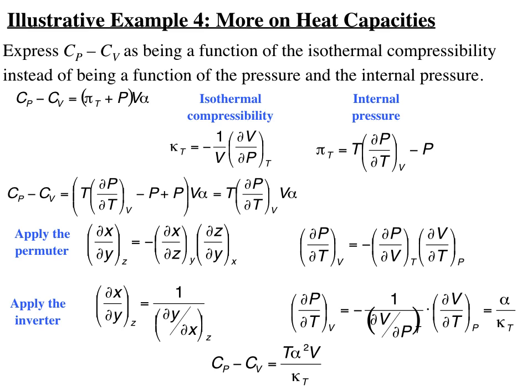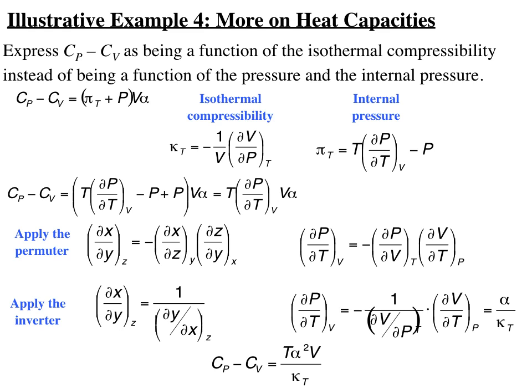And again, if for the ideal gas pi T is 0 and alpha is 1 over T, that becomes Cp minus Cv equal to NR because it was equal to PV over T. So that's what we learned on the previous slide.